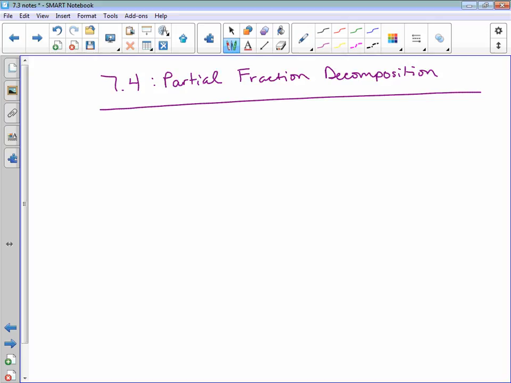Alright guys, so if I had 2 over x plus 1 over x plus 1, and I wanted to add those 2 fractions together, what would I have to find? Common denominator. I'd be taking my 2 times x plus 1 over x times x plus 1.